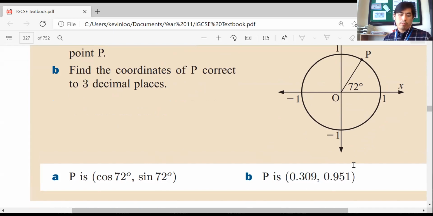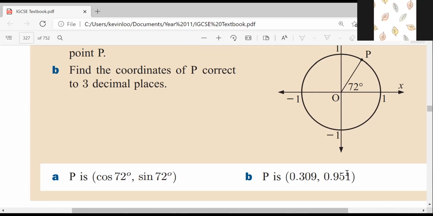All right. So why don't we just practice using our calculators with trig? Can you get your calculators out, please, and press cos 72 and sine 72 and see if it matches these two coordinates? If it doesn't, it may mean you're in the wrong calculator mode. I got like negative 0.96.